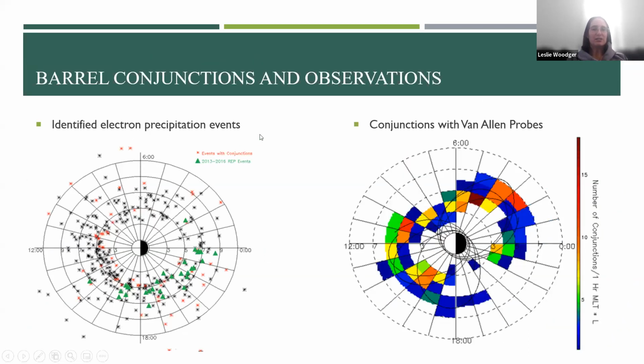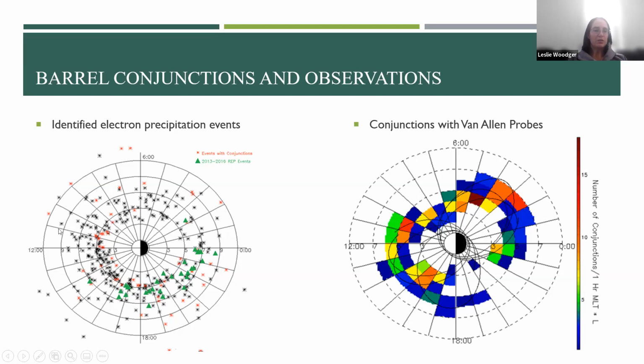So again, the objective was to make these electron precipitation observations in conjunction with Van Allen Probes. On the right-hand side, I've plotted the Barrel observation binning in color and some example Van Allen Probe orbits. All of these colors represent time periods where we are in conjunction with Van Allen Probes.